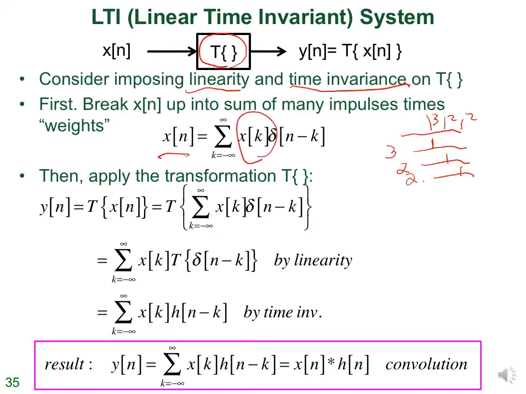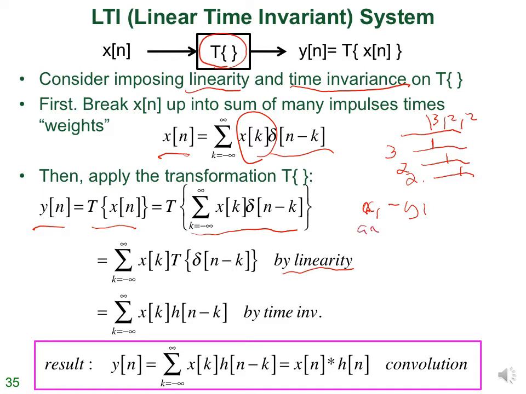With this concept, now we're going to operate and find the output, which is the transformation of x of n, but it's now the transformation of x of n broken up into these pieces. By linearity, we know that if I have an input x1, it produces an output y1, but if I have an input a x1, its output will be a y1.